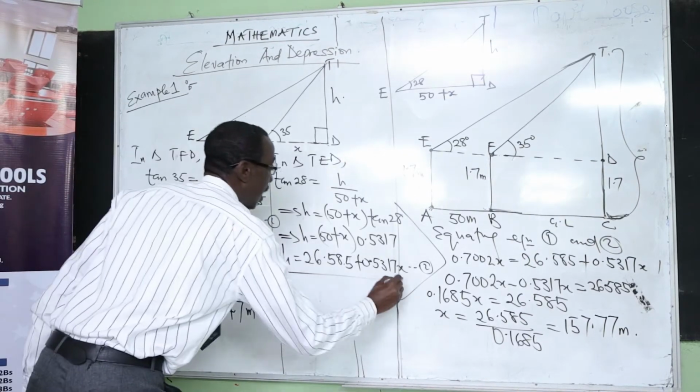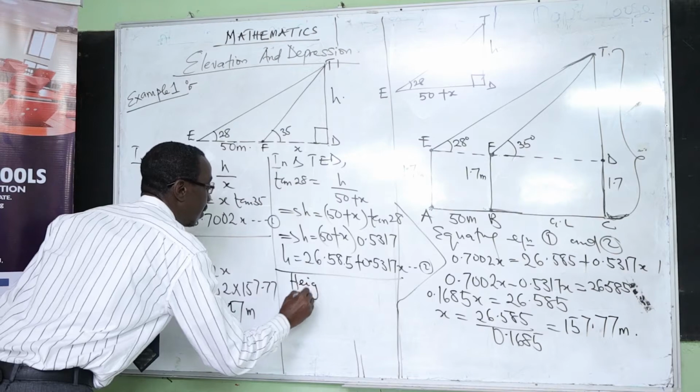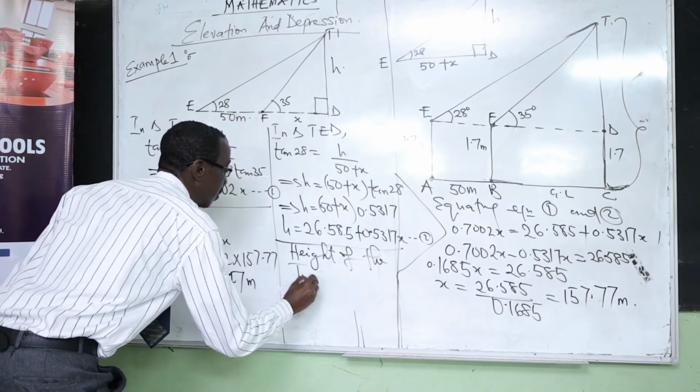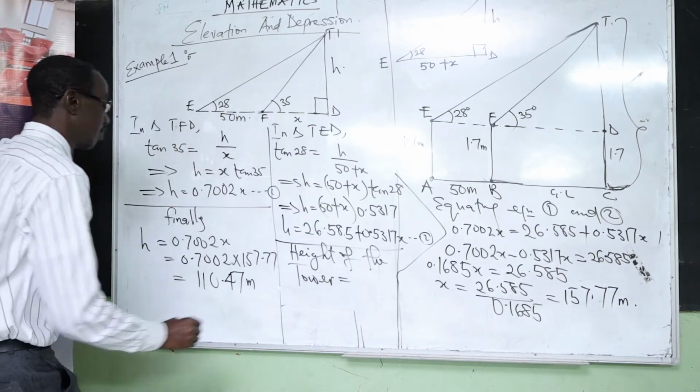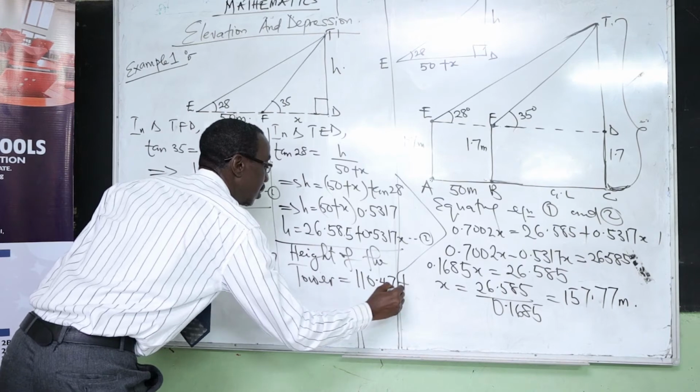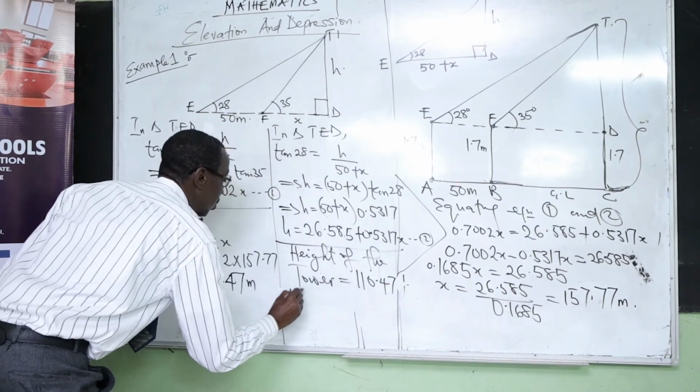So the height of the tower is equal to 110.47 plus 1.7.